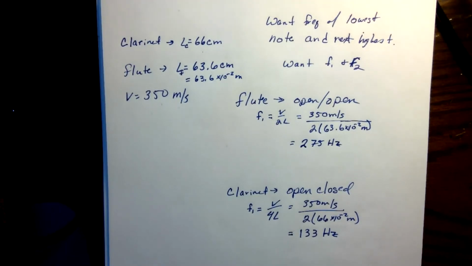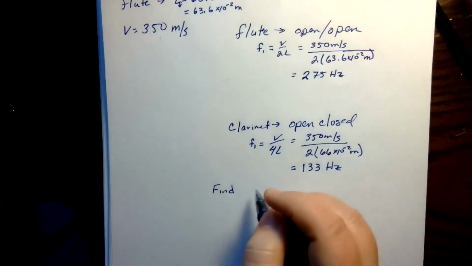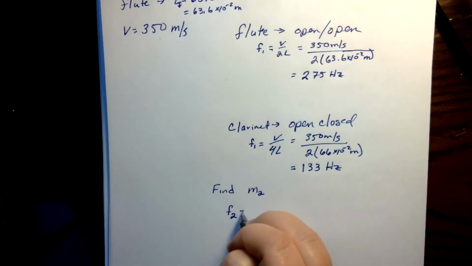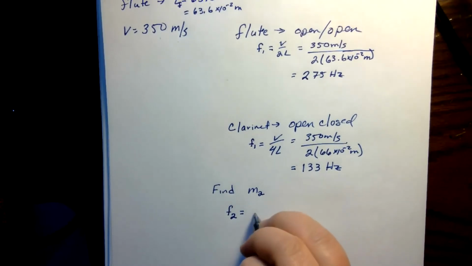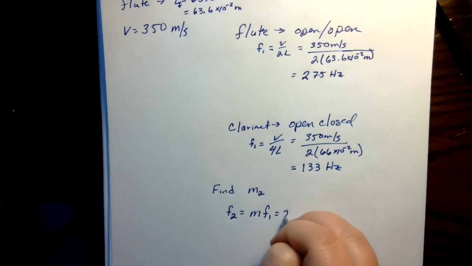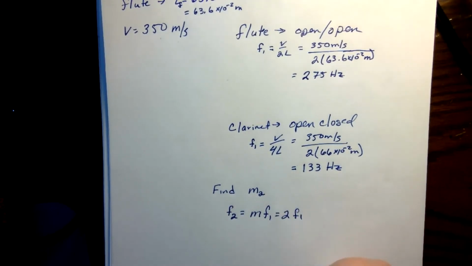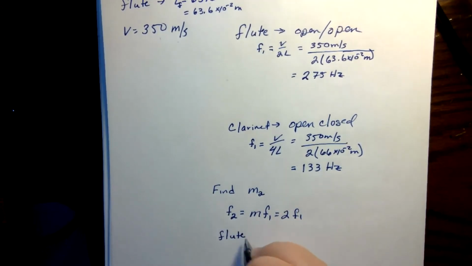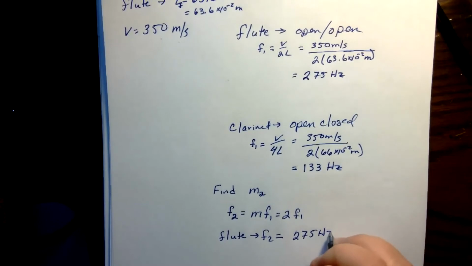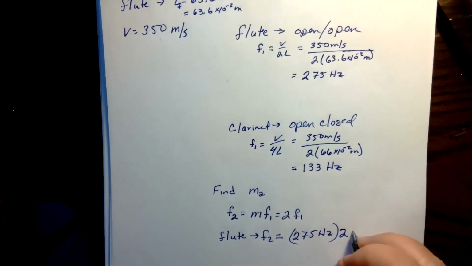Okay, so now let's find the next one higher. So we want to find m equals 2. We know that f2 is just equal to m times f1, which is going to be 2 times f1. So for our flute, f2 is going to equal our 275 hertz times 2, which is going to give us 550 hertz.